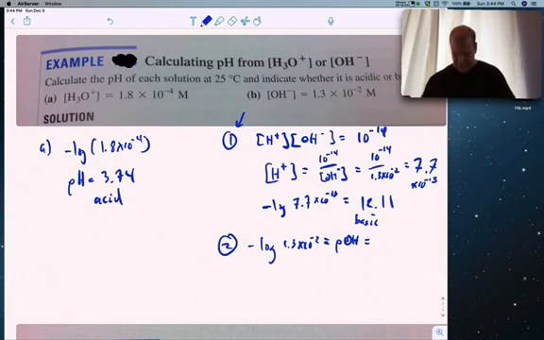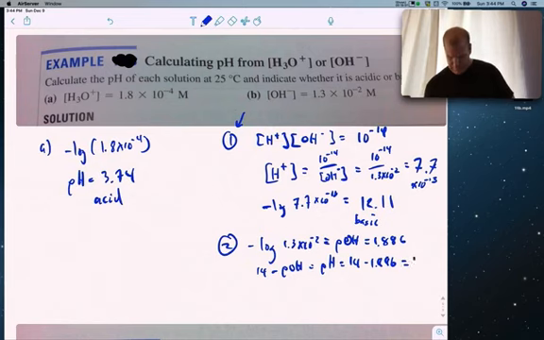This is 1.886, and then 14 minus pOH equals pH, equals 14 minus 1.886. And we get 12.11.